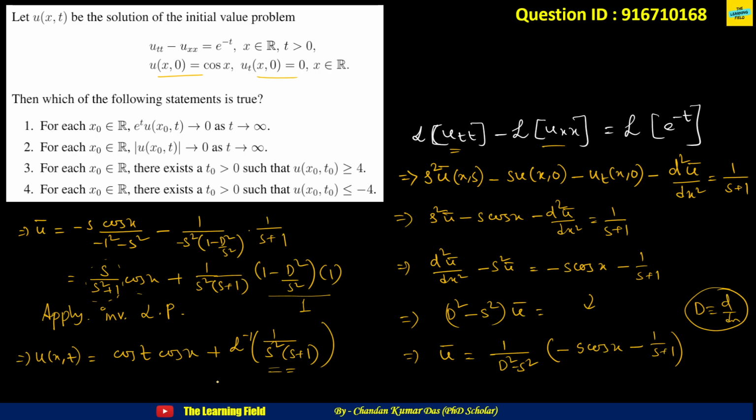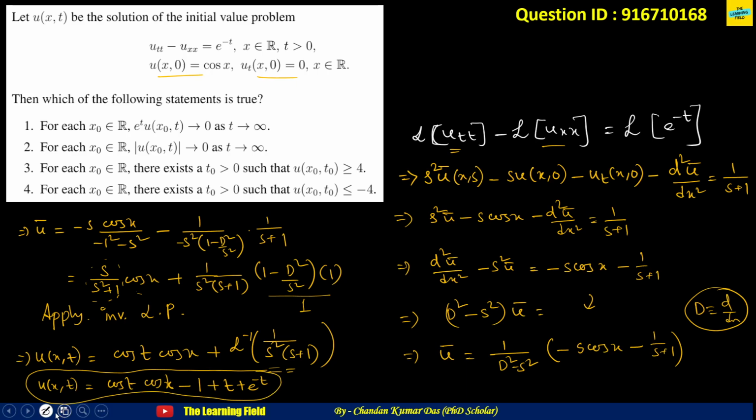So see, the answer here is u(x,t) equal to cos t cos x minus 1 plus t plus e to the power minus t. So this is our solution.